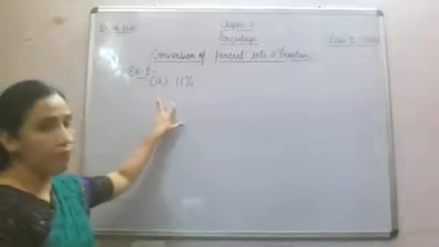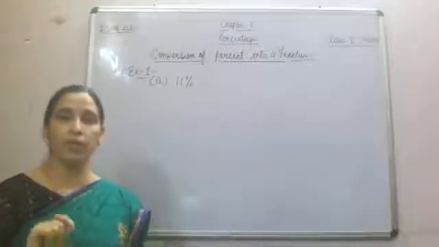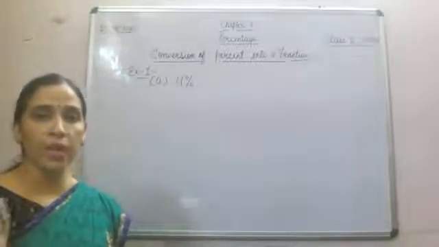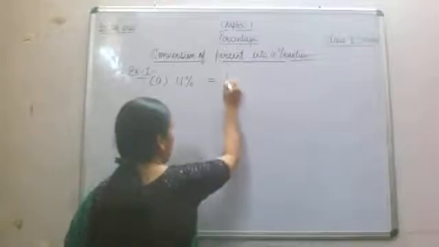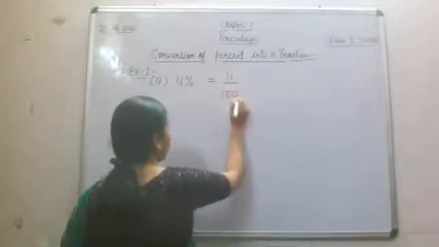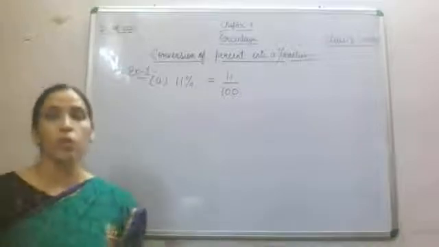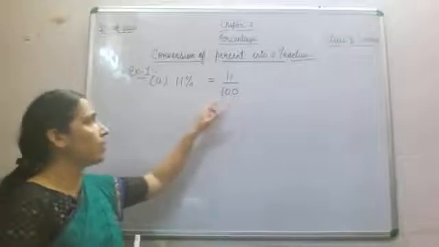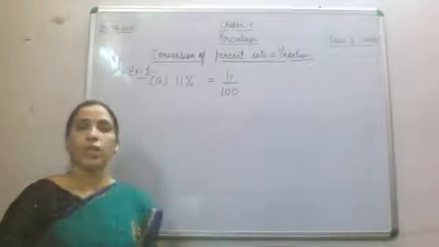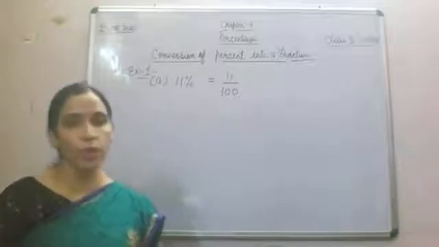We simply remove the percentage symbol and write 100 in the denominator. So the answer here is 11 by 100. Quite a simple, easy concept.